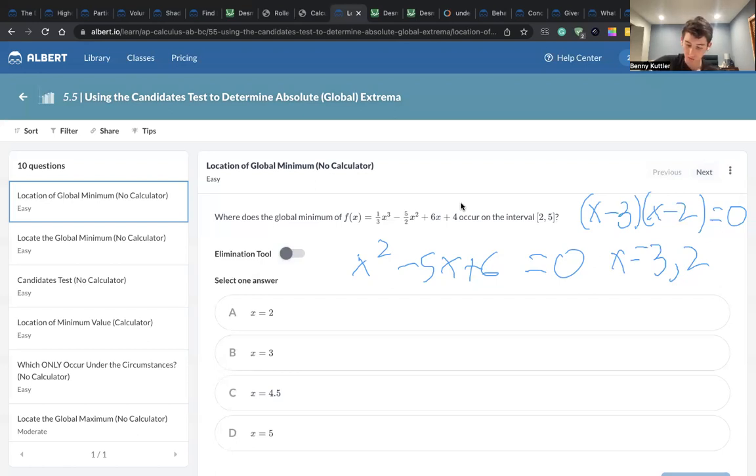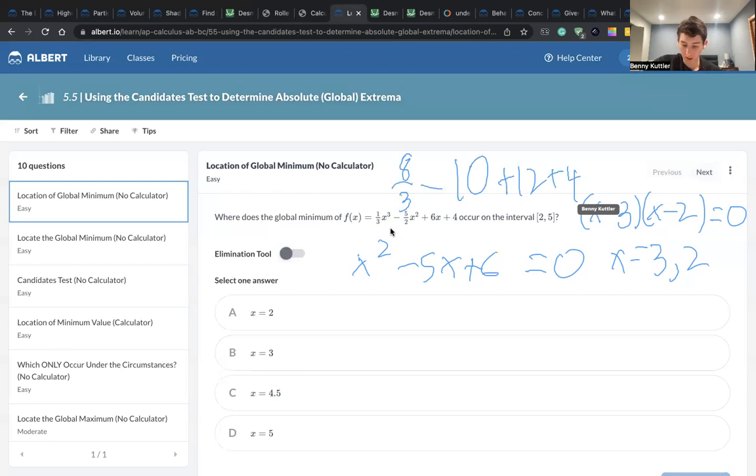So if we plug 2 into the function, not the derivative, we get 2 cubed is 8 times 1/3 is 8 over 3, minus 5 over 2 times 2 squared, which is 4 times 5 over 2, which is 10, minus 10, plus 6 times 2, which is 12, and then plus 4.